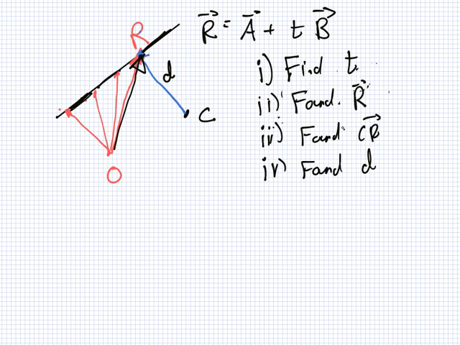So my mistake, what I was doing is I was trying to start from here. This is actually too difficult. It's much easier if you can try and find the T, because as soon as you find the T, then you found the R. And then once you know the R, you know the CR. And then once you know the CR, you know the D. So now the real question is how to find the T. Well, we know this point here, this is A. How can I get A?